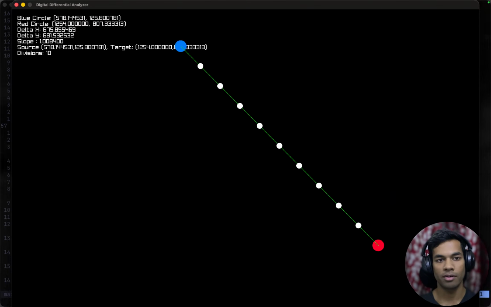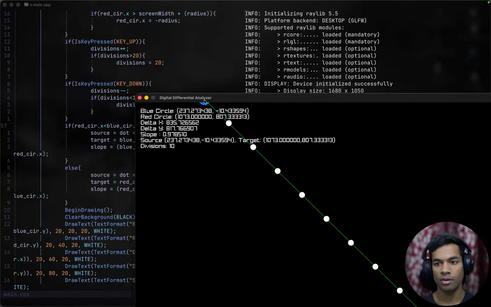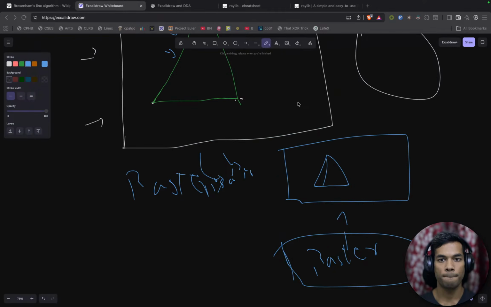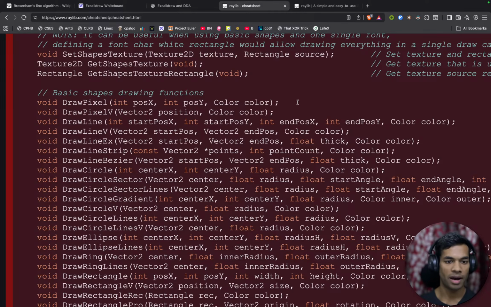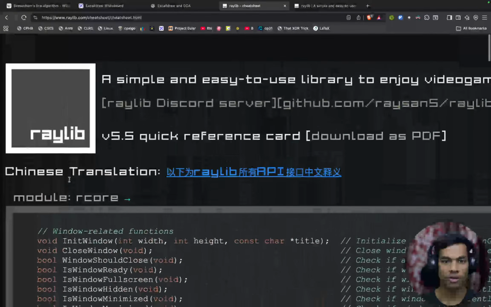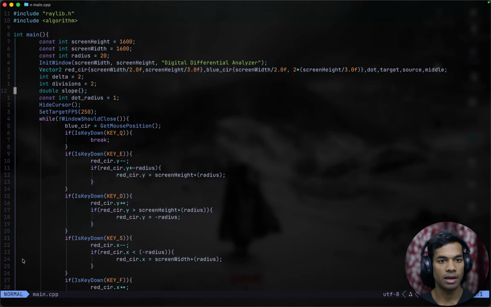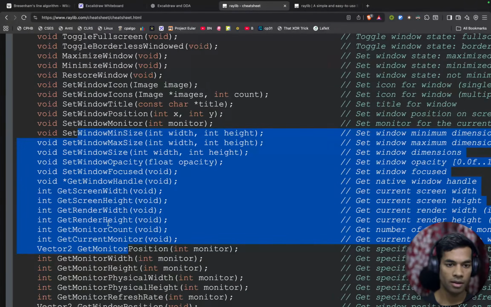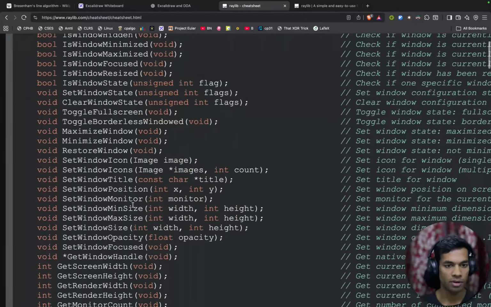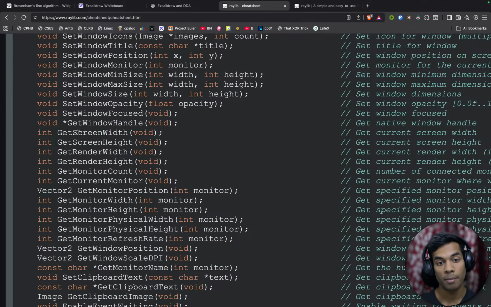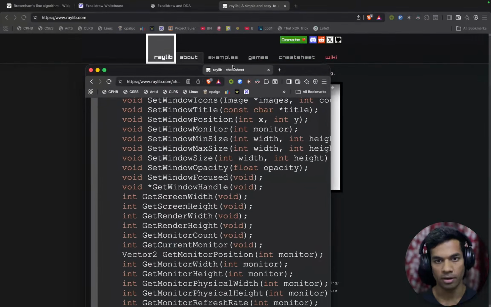And okay, one more thing that I would like to do is this thing is not full screen. Let's make this full screen. My naive approach would be, since we have to give the screen height and width beforehand to this init window function, I saw there is a function which gives us the screen width and height, but this is for the screen, and screen is the thing that is open.